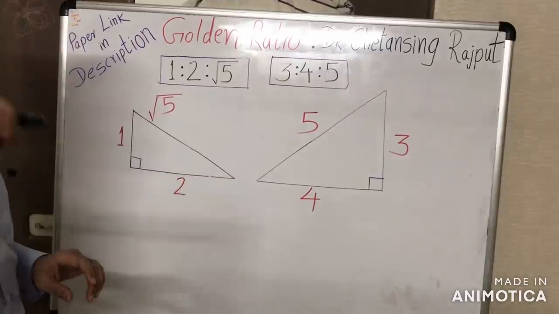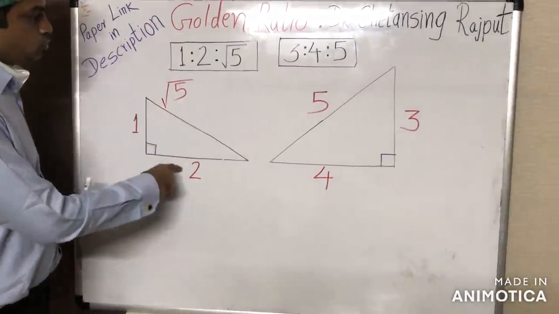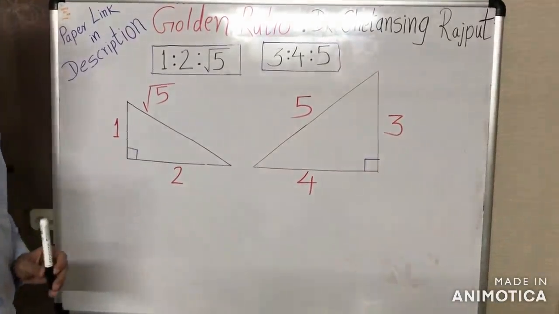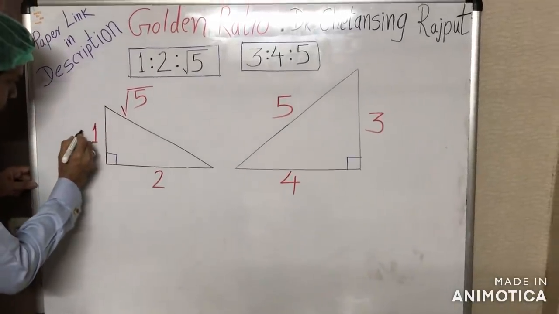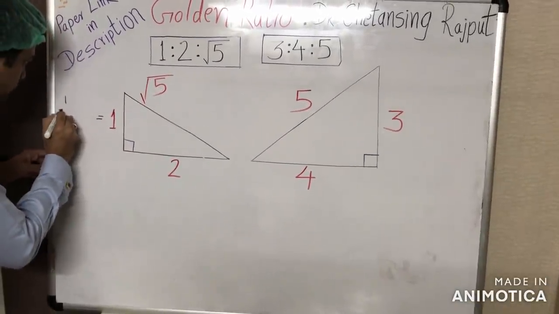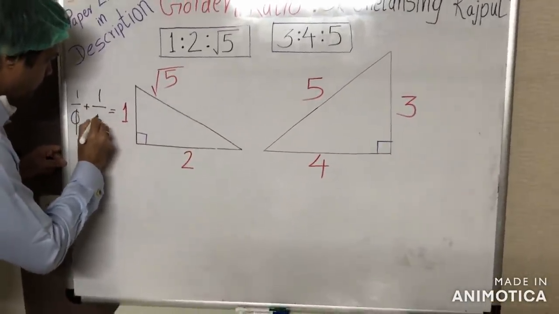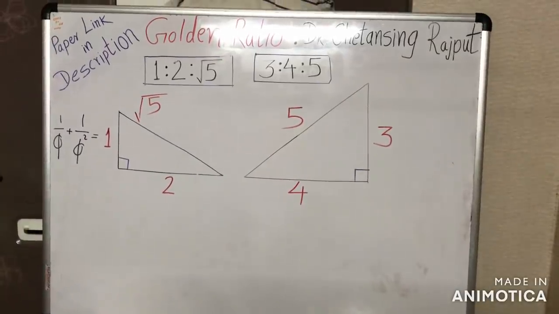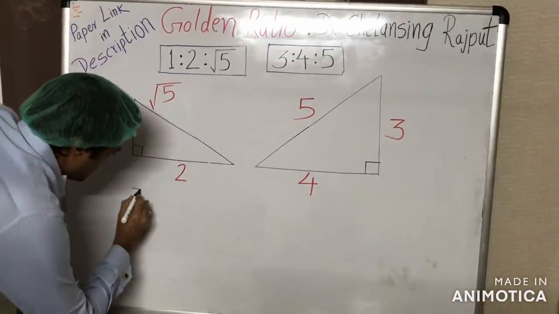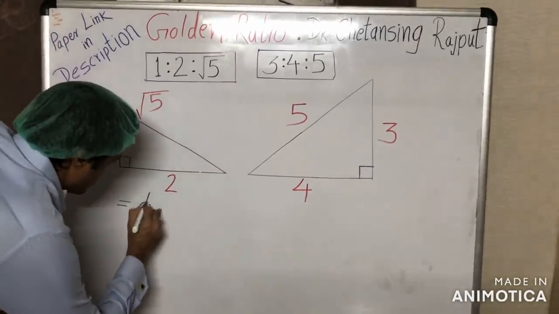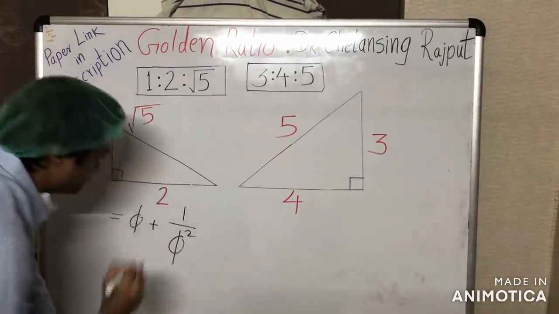As we have seen in the very first part of this video, the side lengths of the 1, 2, root 5 triangle are the precise expression of the golden ratio. Like this cathetus 1, this is precisely equal to the inverse of the golden ratio, 1 upon phi, plus 1 upon phi square. Similarly, this cathetus 2 is also precisely equal to the golden ratio plus 1 upon the square of the golden ratio.